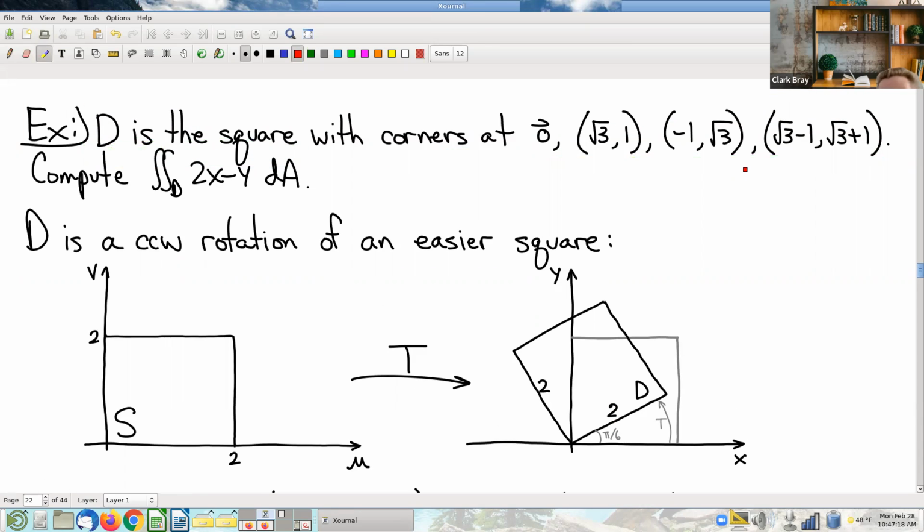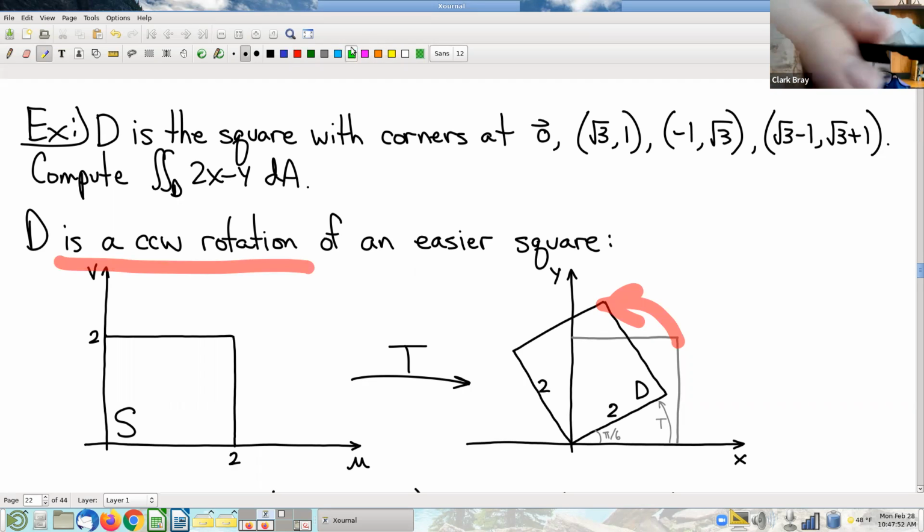Okay, so now let's think creatively. Notice no change of variables function has been given. Is there something I could do to this domain that would make it nicer? And oh yeah, right. If I could just rotate it clockwise, that'd be awesome. So the way we're going to rotate it clockwise is to realize that it is a counterclockwise rotation of the thing that I want to turn it into, right?